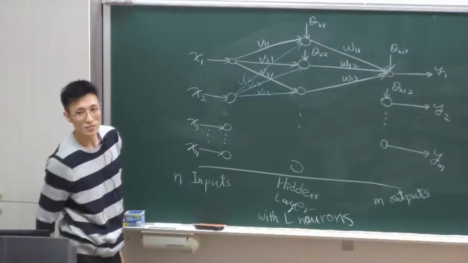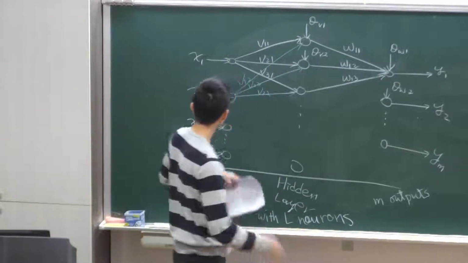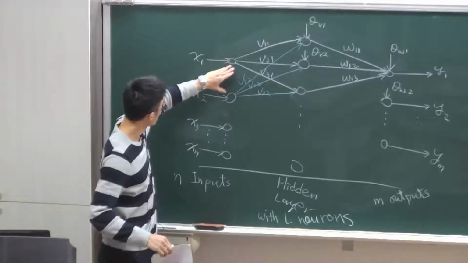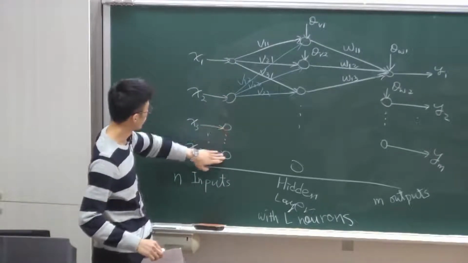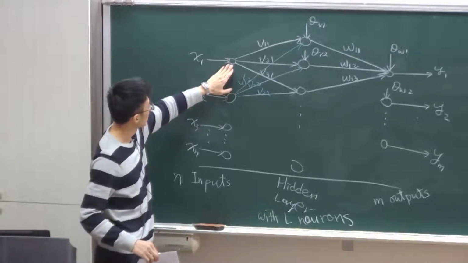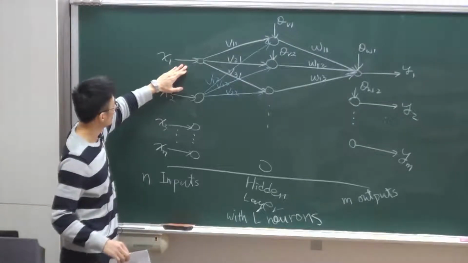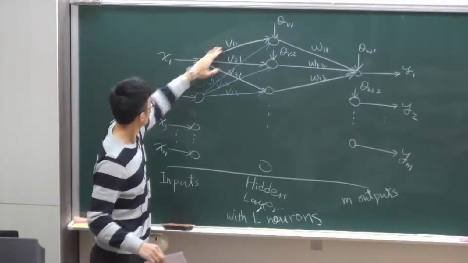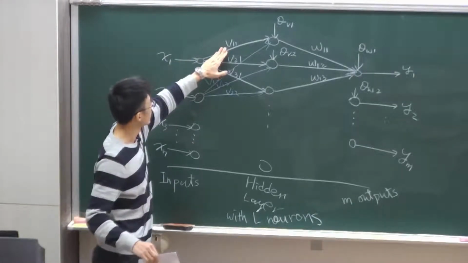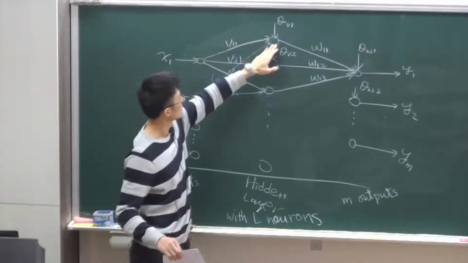Here are the inputs, and each one represents an input value. The input x1, for example, is multiplied by some weighting v11, and it goes into the first neuron.